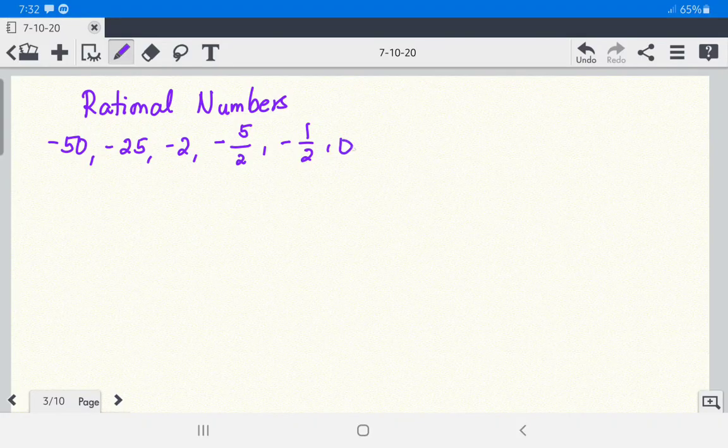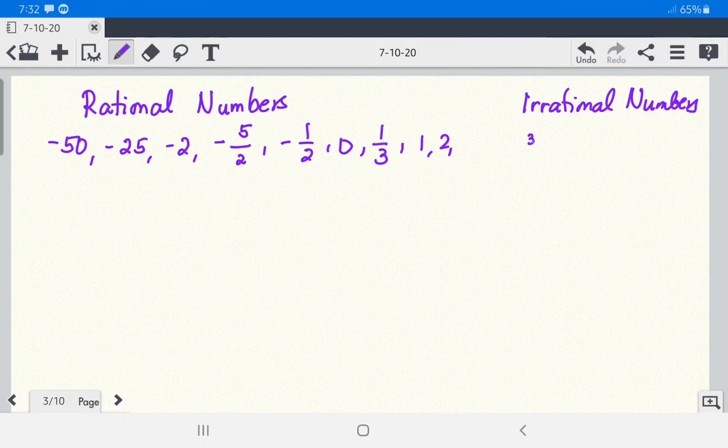We also have 0, positive 1/3, positive 1, positive 2, and so on and so forth. We have positive fractions.